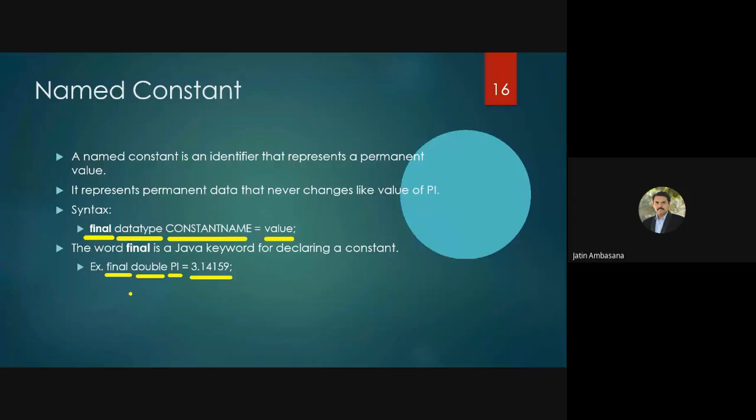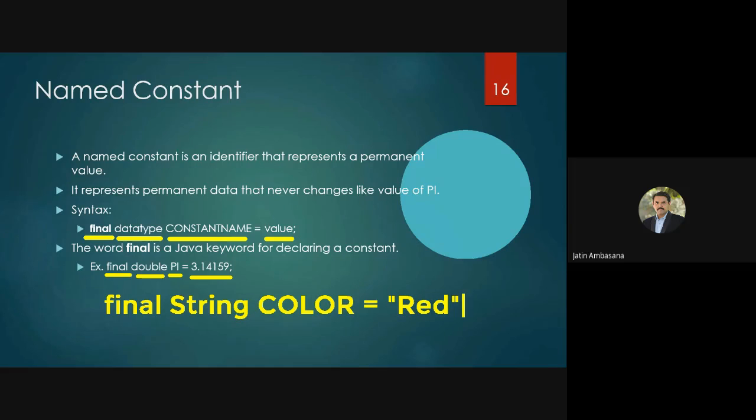Now this P and I are both capital, right? For example, if you want to declare a string constant, how will you do that? You will simply say final String COLOR is equal to red. How do you define COLOR? Obviously in capital letters.